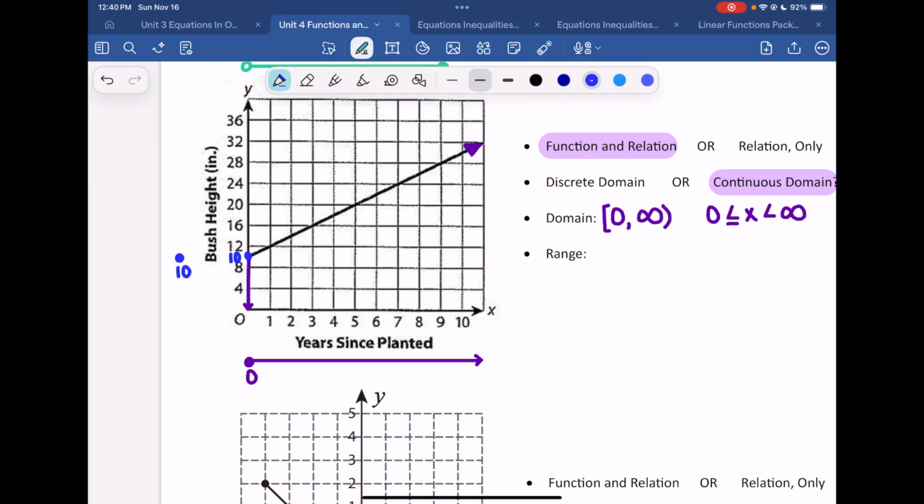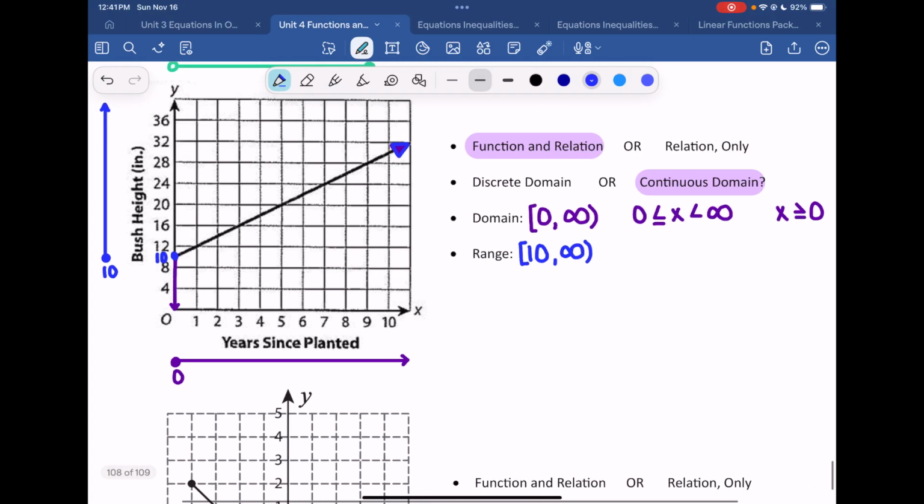And then it goes up forever. So as it goes to the right, it's also going up, which makes sense because it's growing. So it's just 10 and above. As far as writing it with the interval, it would be hard bracket 10 to infinity.